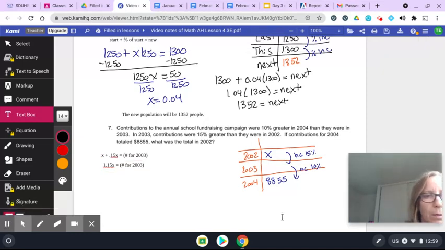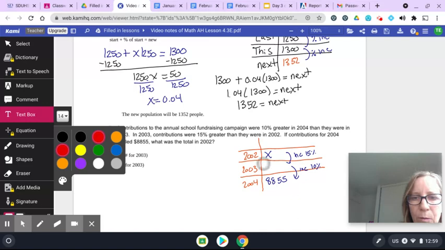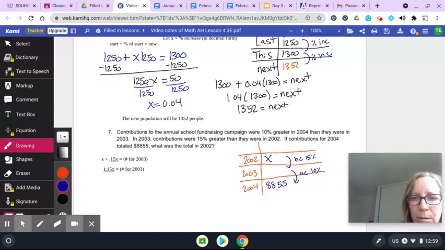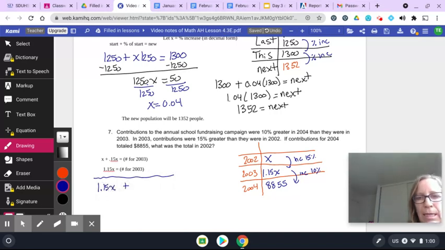So right here, what I figured out is 1.15X. Now I have to take that and increase it by 10%. So our start now is 1.15X, and I'm increasing that by 10%. So I'm multiplying 10% of 1.15X to get to my number for 2004.